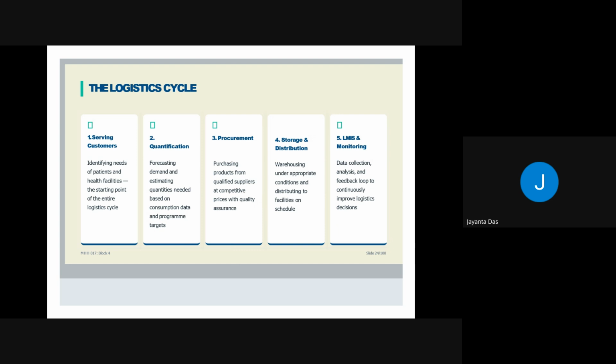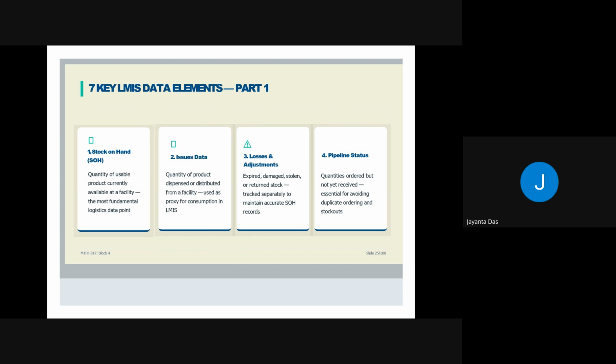Fourth is storage and distribution, that is warehousing under appropriate conditions and distribution to the facilities as per schedule. And fifth is LMIS and monitoring, that is, for all these activities, whatever data is generated is captured, collected, and analyzed, with a feedback loop to continuously improve logistics decisions. So that is the main thing which LMIS is doing.